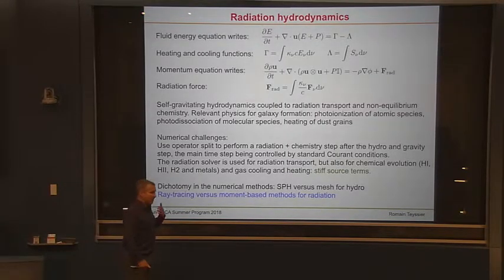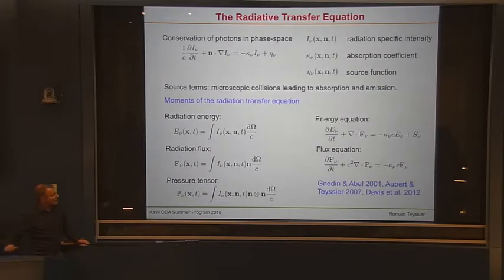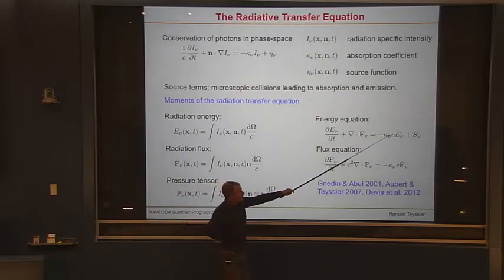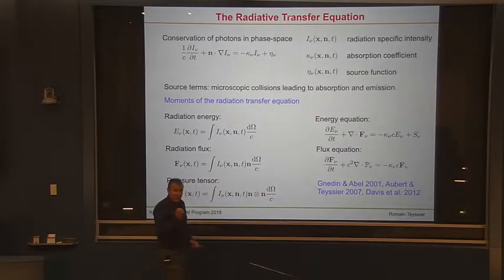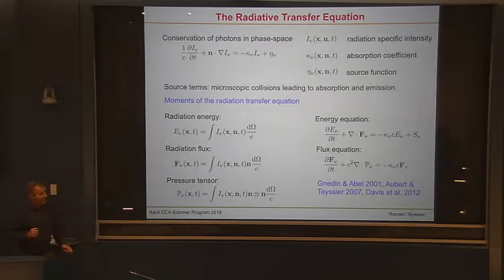There are many approaches here. They all suffer from the same issues, which is that radiation is problematic because of the chemistry. You have a lot of chemical reactions that enter into the absorption and emission of radiation, and those chemical reactions have very short timescales. There is another problem also, which is that the radiation moves at the speed of light. And that's very fast, right?